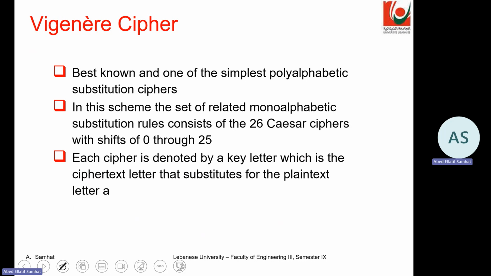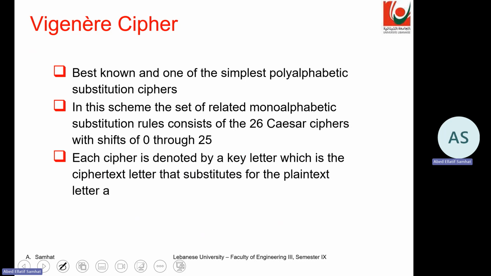In this scheme, the substitution rules consist of 26 Caesar ciphers with shifts of 0 through 25. Caesar is applied with a different key on different letters. We are not using the same key for all letters; for each letter, we have another key.